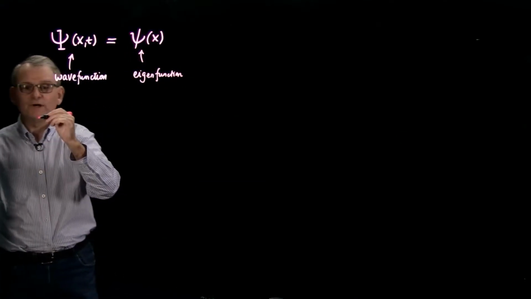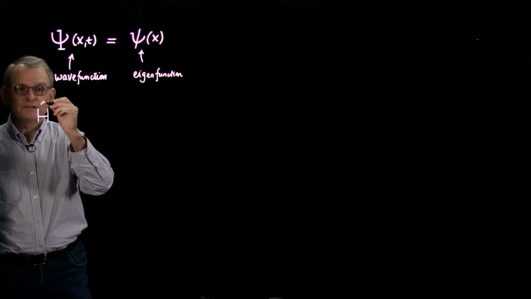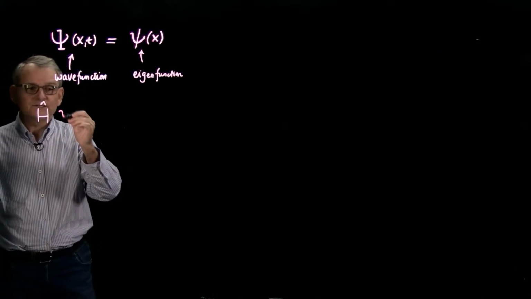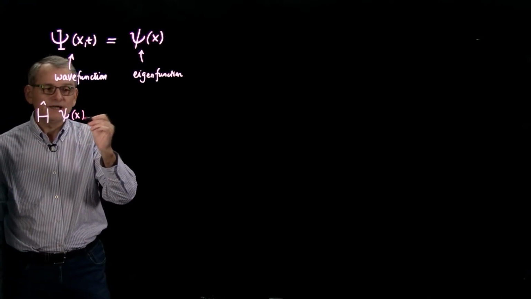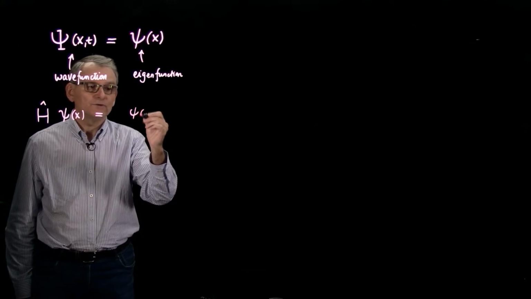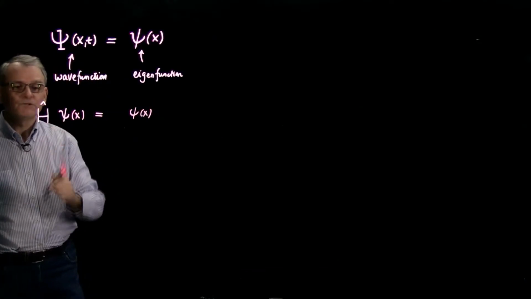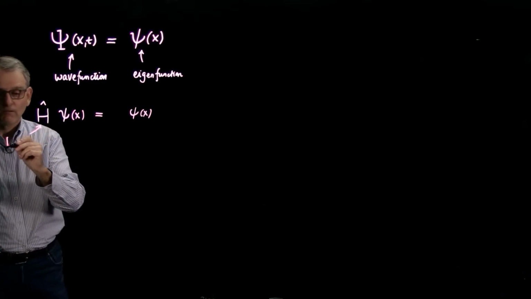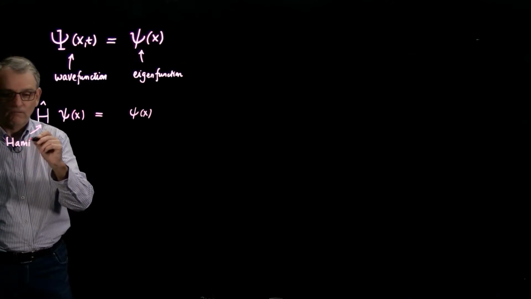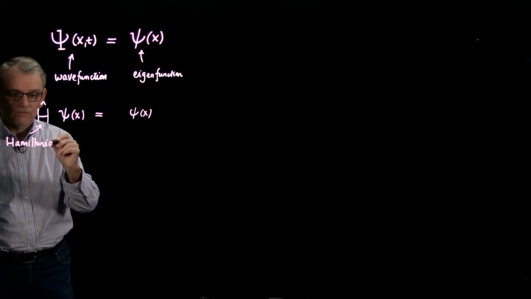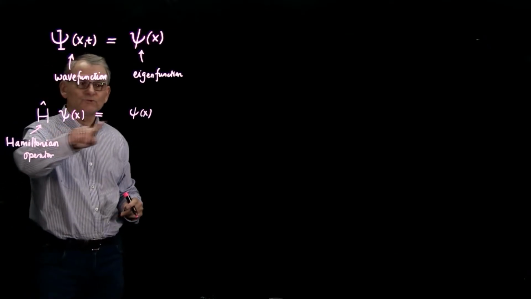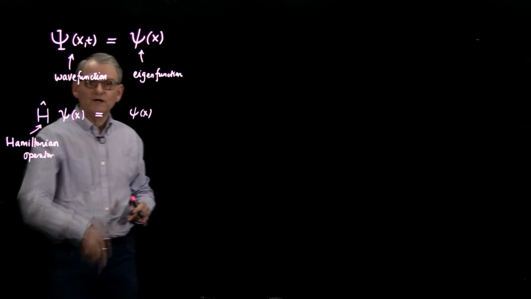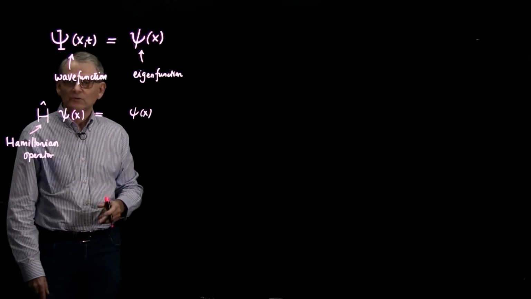So for example, if I have a Hamiltonian operator, an energy operator, which acts on the wave function, or strictly speaking the eigenfunction, I have the following eigenvalue equation. So the Hamiltonian operator acting on the eigenfunction returns the eigenfunction. The word eigen refers to self or proper.